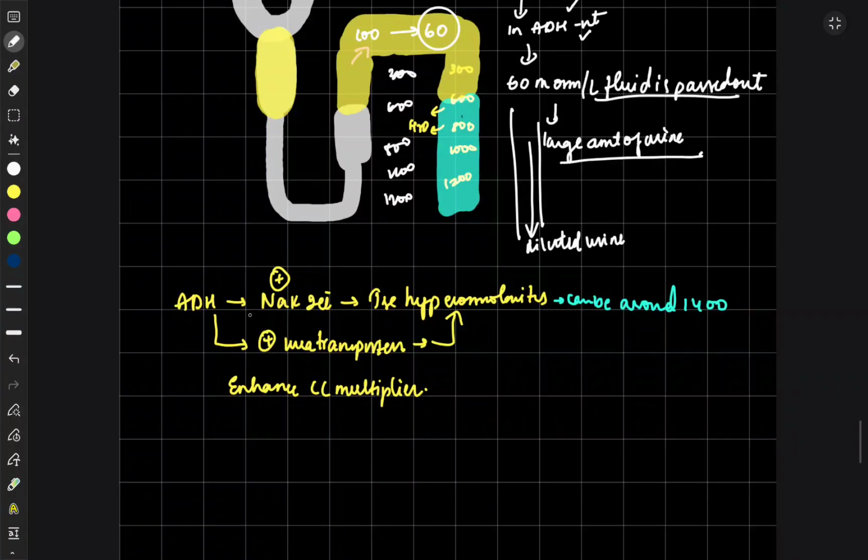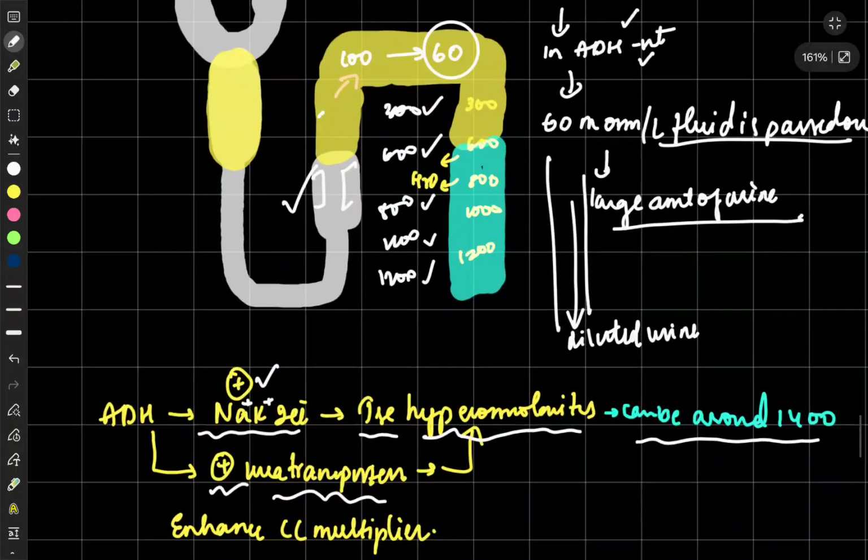Whereas in the presence of ADH, it activates the sodium potassium 2 chloride transporters present in the thick part of the ascending limb of loop of Henle, and this increases the hyperosmolarity. It also activates the urea transporter mechanism. All this makes this area hyperosmolar, and when this area gets hyperosmolar, there is absorption of water through these aquaporins.